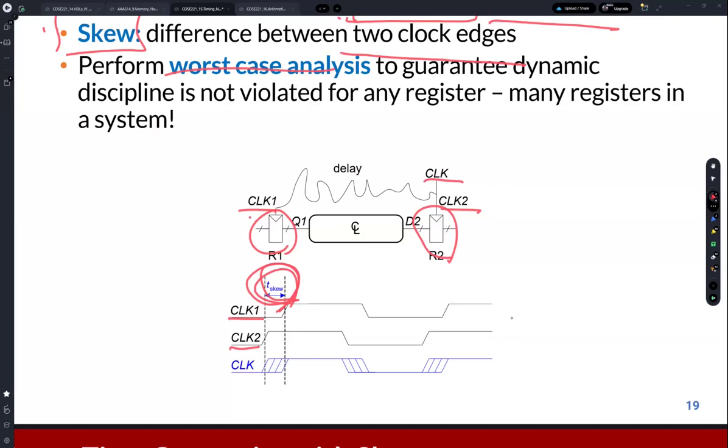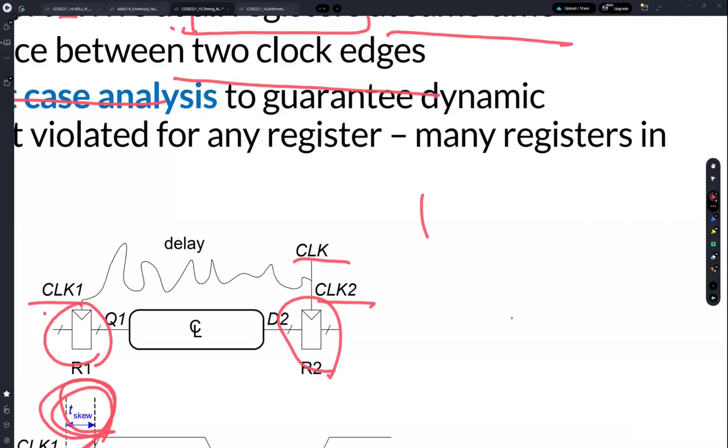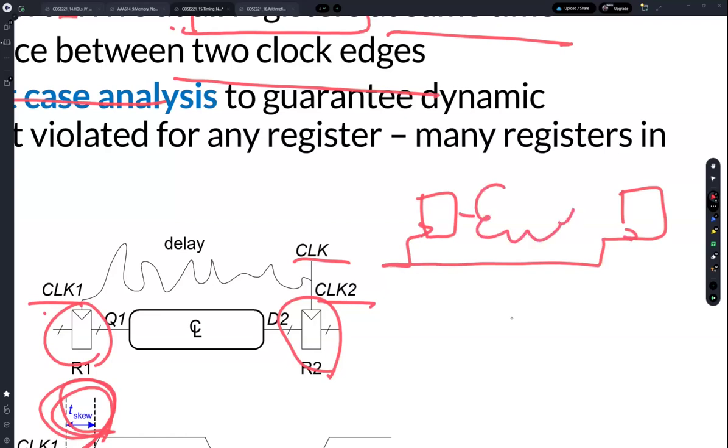Then how can we consider the clock skew for analyzing the setup time constraint or the hold time constraint? When you analyze the setup time constraint, we analyze like this. So this is the D flip-flop. Okay, and the clock is connected like here, and this is the combinational logic, and then here. In order to analyze the setup time constraint, we compute the maximum delay between these two D flip-flops, right?